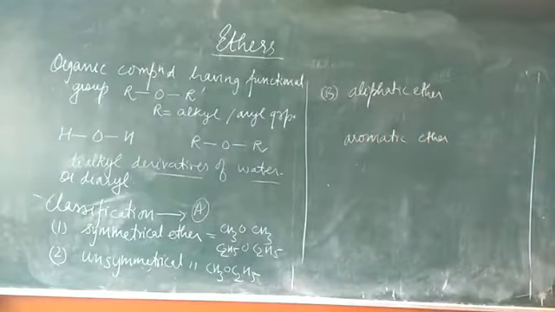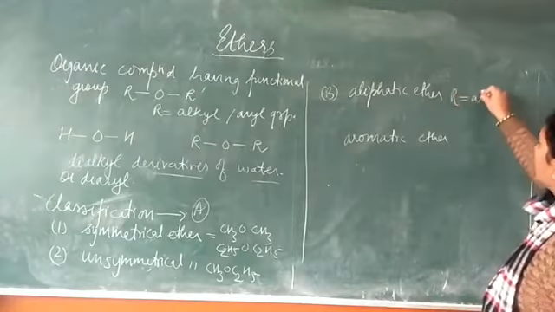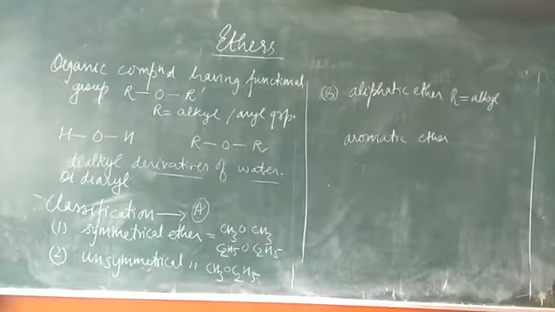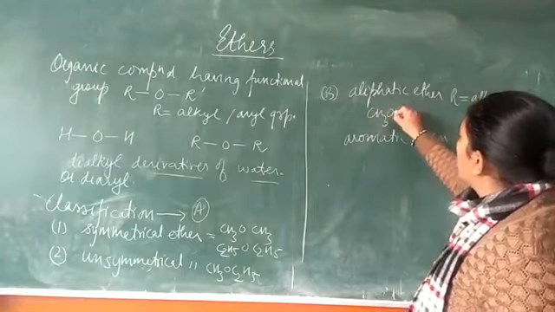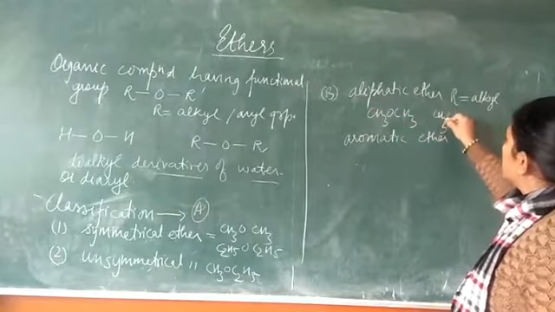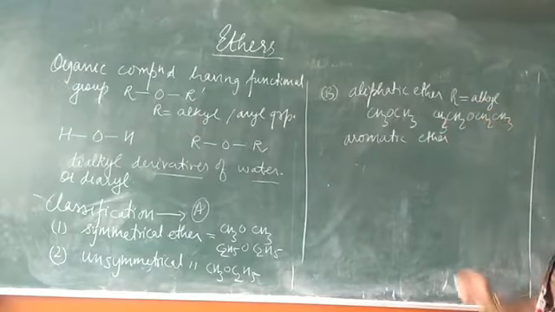Under the aliphatic ether, when R is an alkyl group, that time it will be aliphatic ether, right? So for example, CH3OCH3 or CH3CH2OCH2CH3, they are the aliphatic ethers.